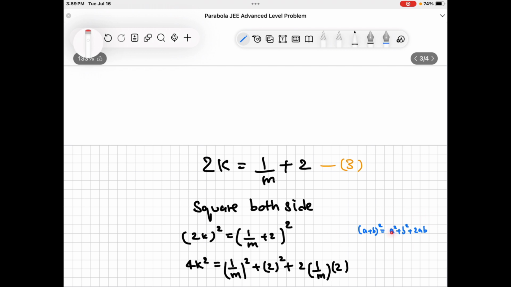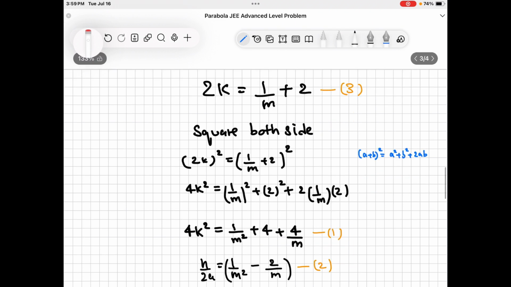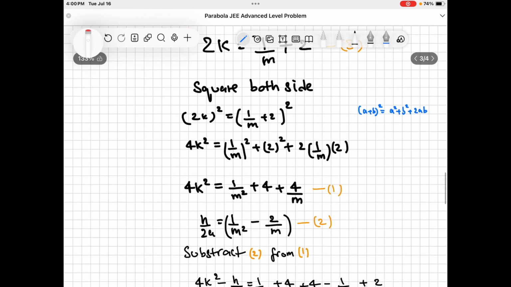We have applied the identity (a plus b) whole squared equals a squared plus b squared plus 2ab. We mark this equation 1, and now we can see that the 1 over m squared can be cancelled out by subtracting.